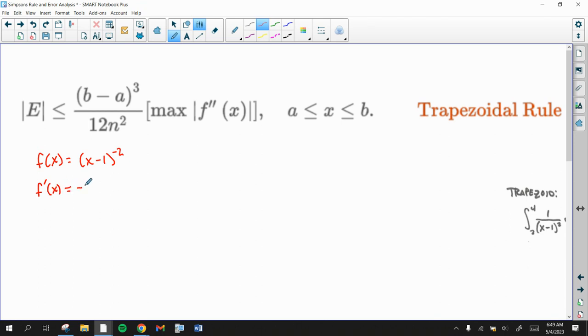It will be -2 times (x minus 1) to the negative third times the derivative of the inside, which is just 1, so that's really good. The second derivative is the same type of simple chain rule, which is 6 times (x minus 1) to the negative 4.